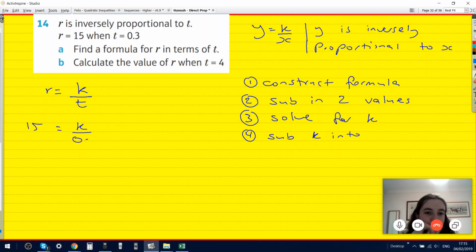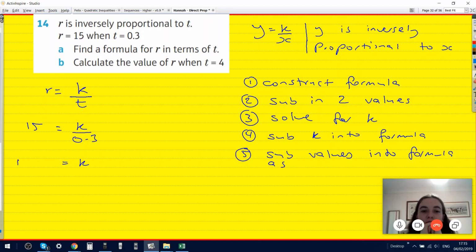Yeah. And so how do you use that to get k? 15 times 0.3. Yes. Any idea what that is? 4.5. Yes, 4.5.